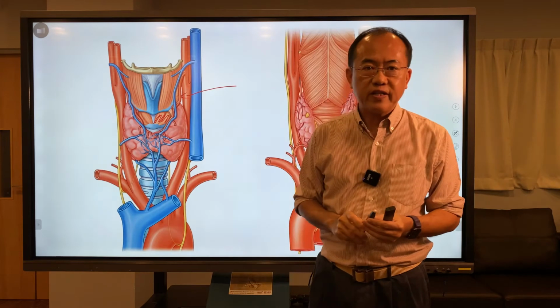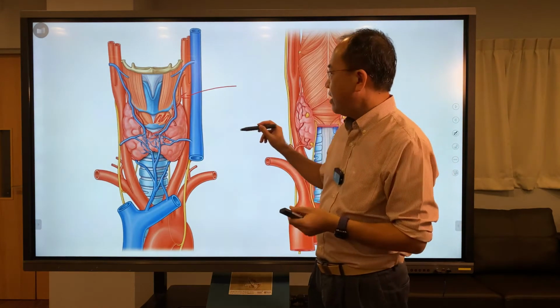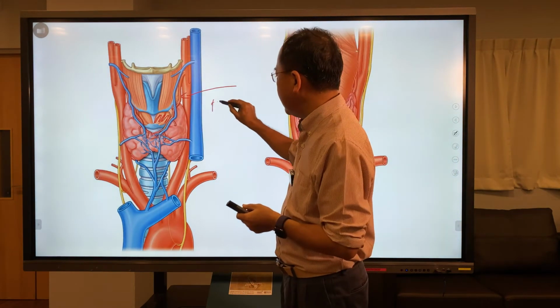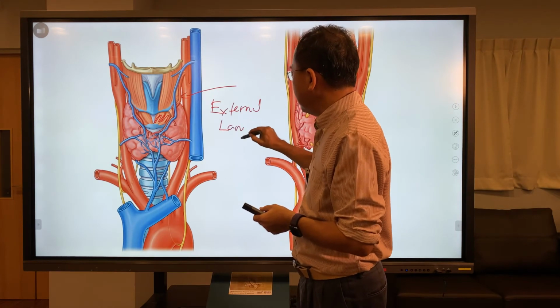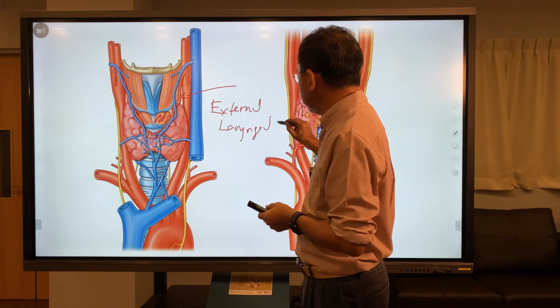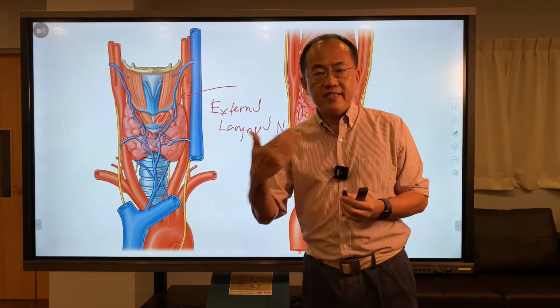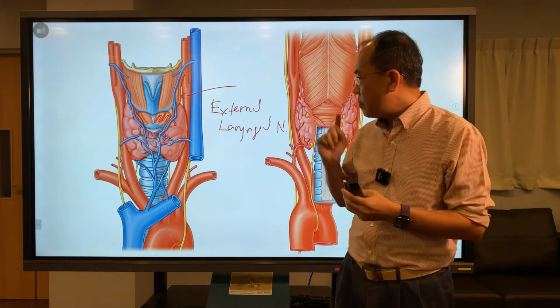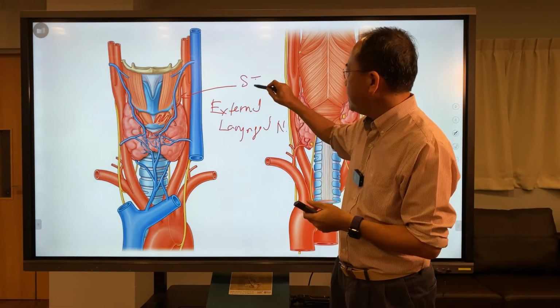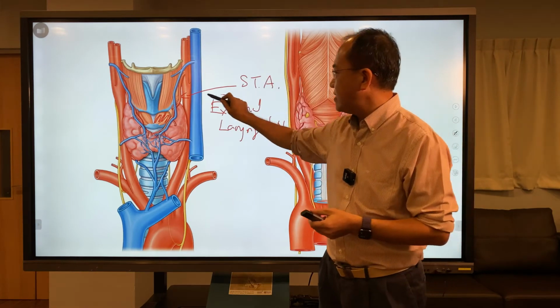Yes, this is the cricothyroid. The cricothyroid is supplied by a nerve known as the external laryngeal. The external laryngeal nerve is a branch of the vagus nerve. So please take note, superior thyroid artery is very close to the external laryngeal.